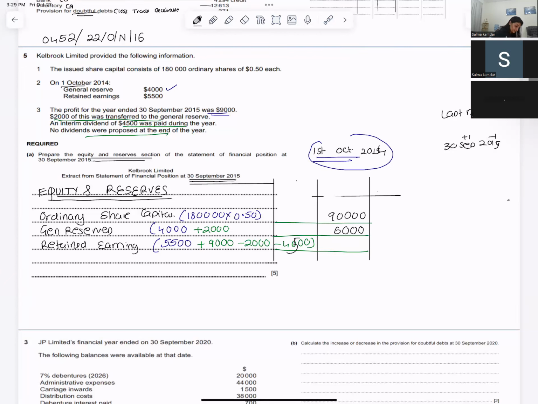So 8,000. And the total of all this will become my equity and reserves. That is 98,000 plus 6,000, 104,000. It's done.